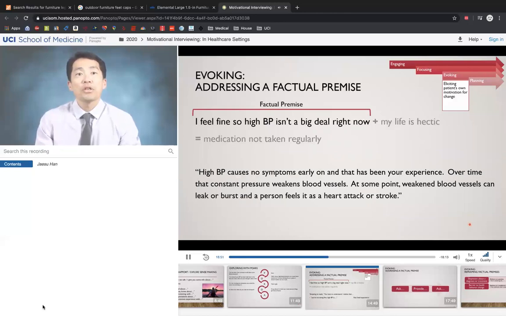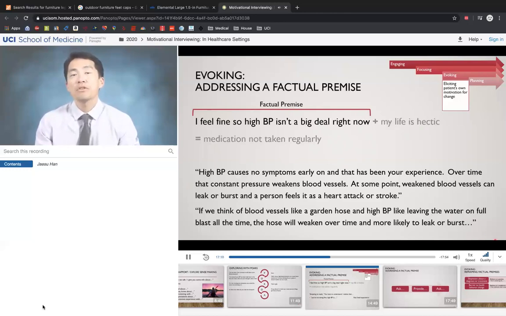High blood pressure causes no symptoms early on, and this has been your experience. Over time, that constant pressure weakens the blood vessels. And at some point, the weakened blood vessels can leak or burst, and a person feels it as a heart attack or a stroke.